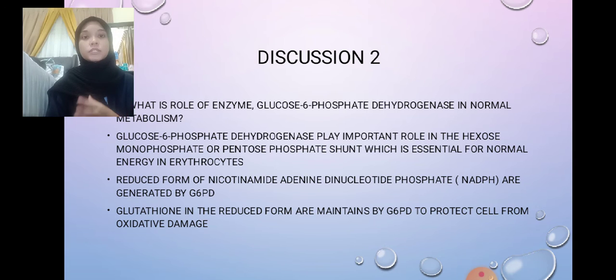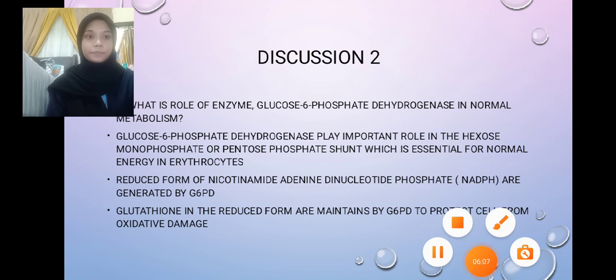Glucose 6-phosphate dehydrogenase plays an important role in the hexose monophosphate pathway, which produces pentoses, essential for normal energy in erythrocytes. The reduced form of nicotinamide adenine dinucleotide phosphate, NADPH, is generated by G6PD. Glutathione in the reduced form is maintained by G6PD to protect cells from oxidative damage.